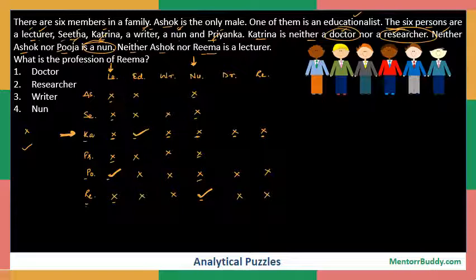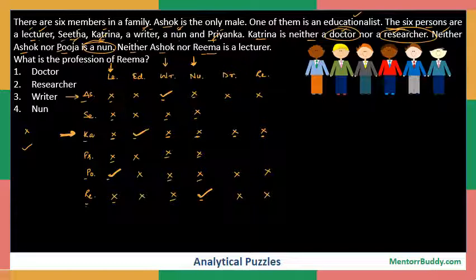Now if you look at the writer column, Sita cannot be, Katrina cannot be, Priyanka, Pooja and Reema cannot be. So who is left now? Obviously Ashok. So Ashok becomes the writer. Also, if you look across this line, Ashok is a writer, so he cannot be a doctor and cannot be a researcher.